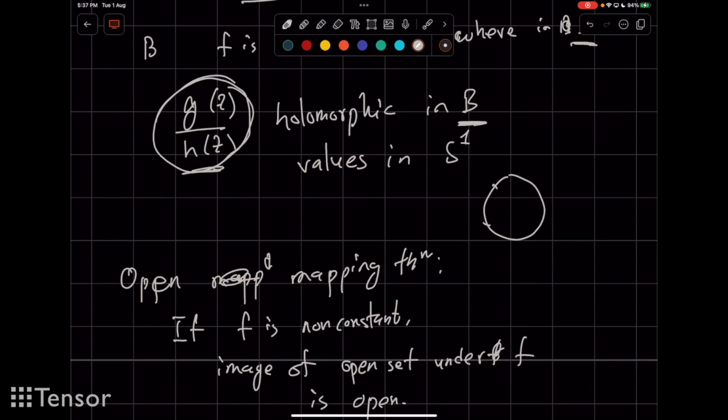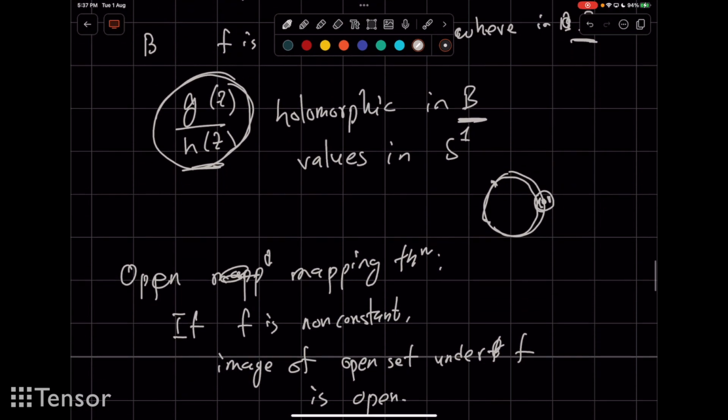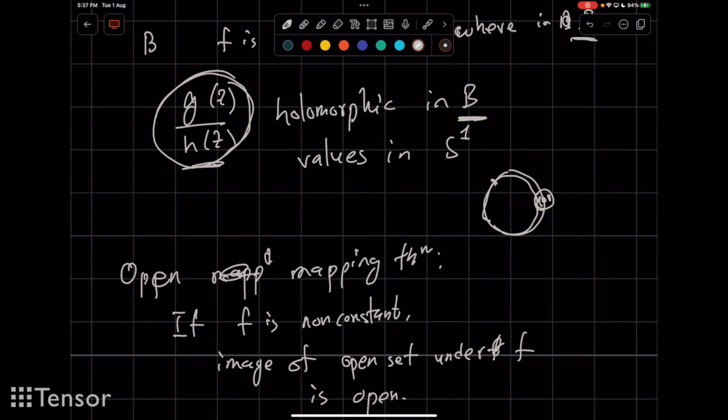A subset of S1 cannot be open in the complex plane because if we take any point on S1, no matter how small an open ball we choose around it, that open ball obviously contains some points outside the circle. So that is why this function must be constant.